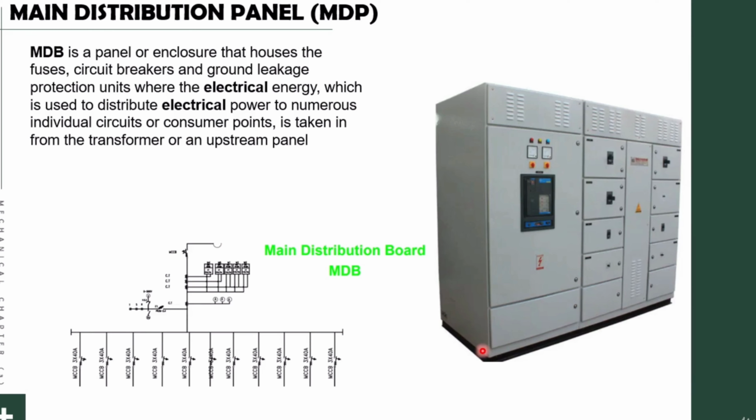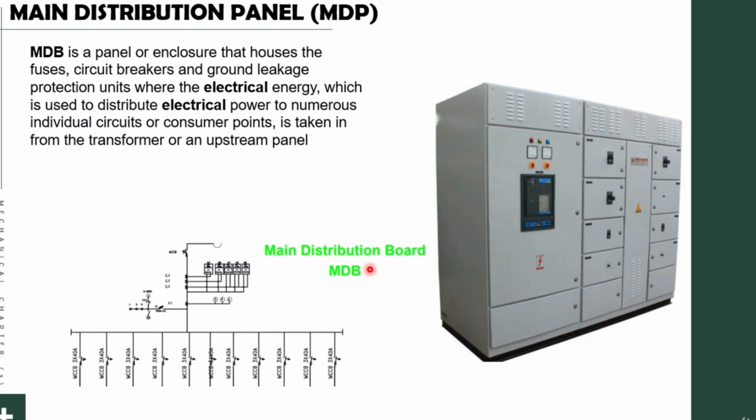And also here this picture shows the second type, which is the MDB. The MDB is a panel or enclosure that houses the fuses, circuit breakers, and ground leakage protection unit, which is used to distribute the electrical power to numerous individual circuits or consumer points.